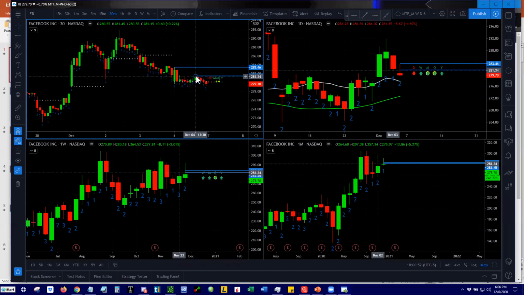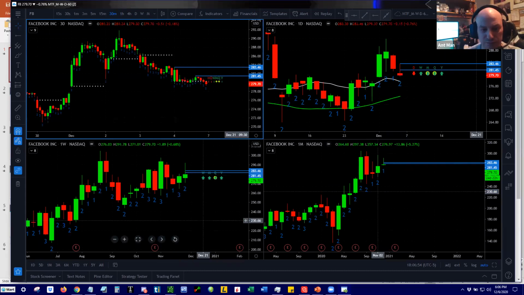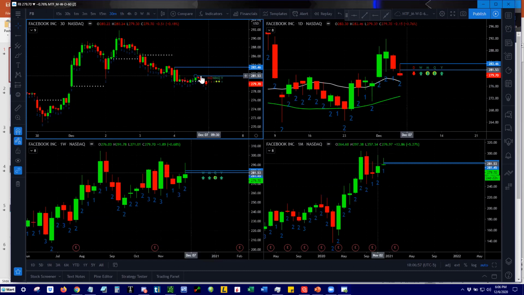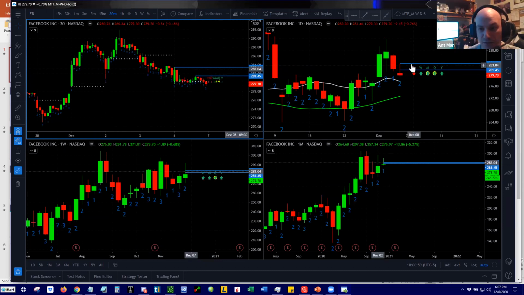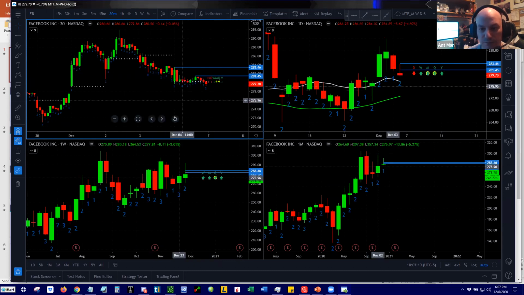I like that intraday level, right off the 30-minute. I do like that pivot right there. That might be a nice place for this to open, pull in, hold, put in a nice little 2-1-2 or a nice hammer, and then take off.